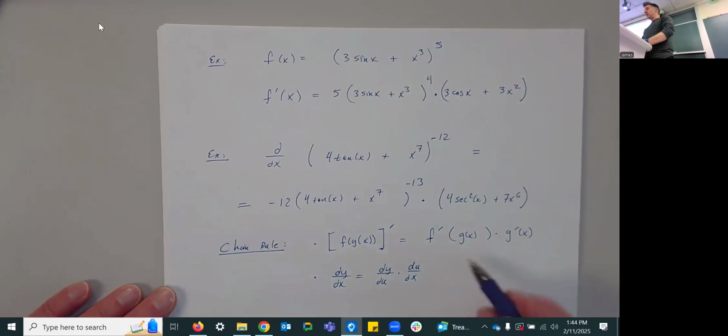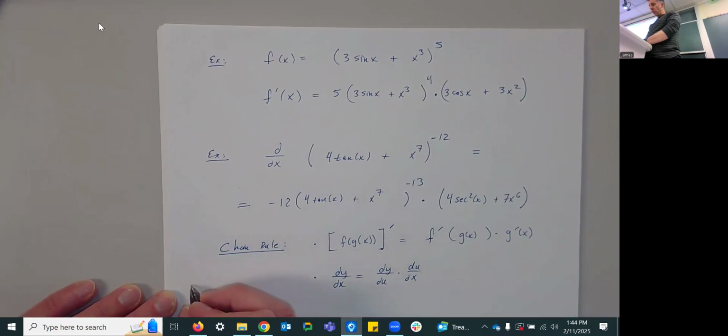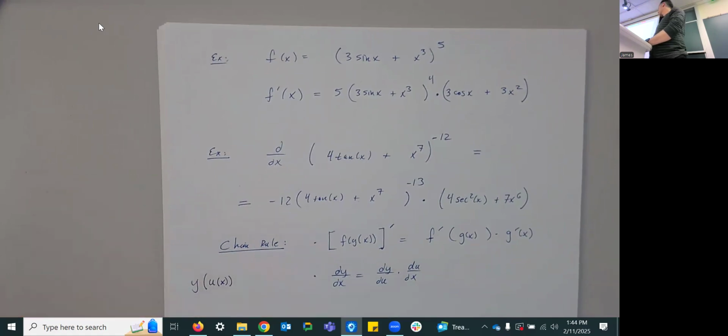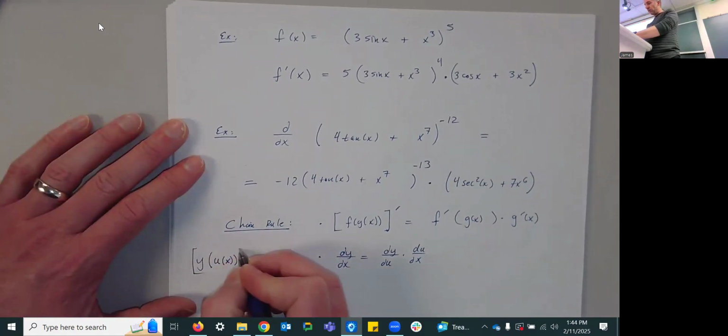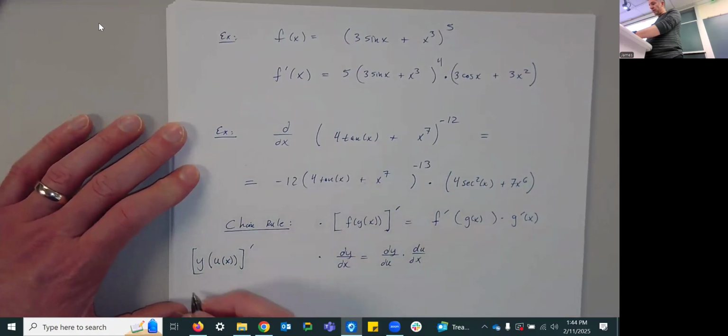So what we're really thinking here is that y is a function of u, which is a function of x. And so if I want to take the derivative of that, well, check it out. If I took the derivative just using the chain rule I've got over there, I have y prime of u of x multiplied by u prime of x.